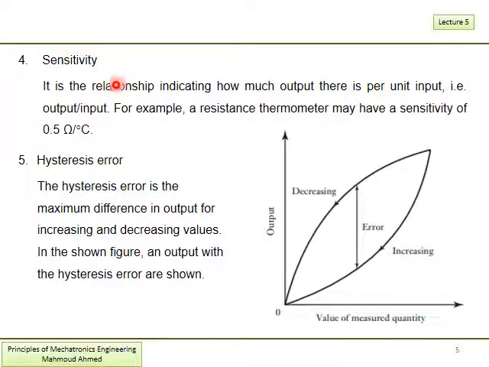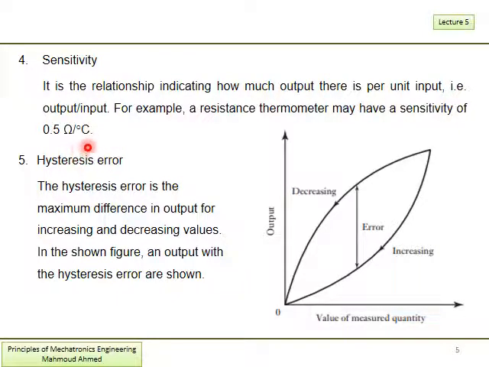Sensitivity. Sensitivity is the measure of how sensitive the sensing element is to the external input variables. So, for example, when we are describing a resistance thermometer, the sensitivity in this case is how much output per unit input.